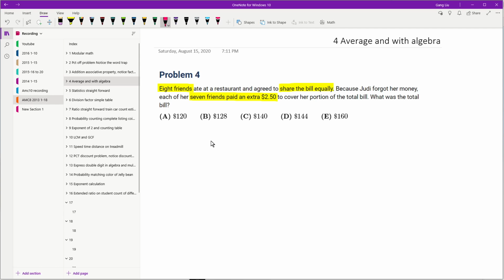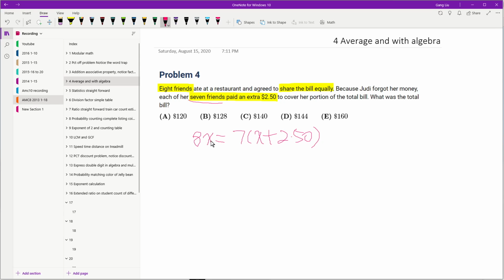So we assume x is the amount each friend will pay originally. So that will basically be 8x is equal to 7x plus 2.5.